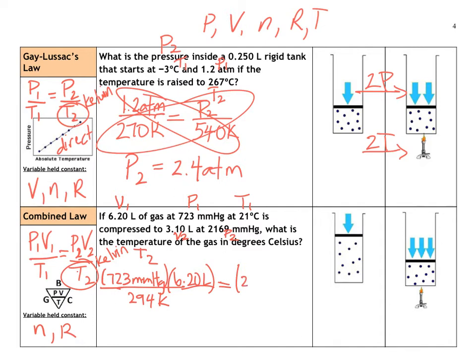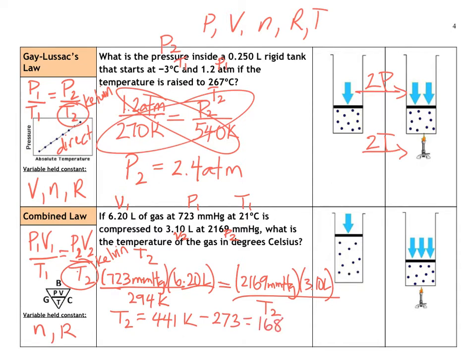P2 is 2,169 millimeters of mercury. V2 is 3.20 liters. And of course, T2 is what we're solving for. Upon solving for T2, you will get 441 Kelvin, but then you want it in Celsius. So you subtract 273, and that will give you 168 degrees Celsius.